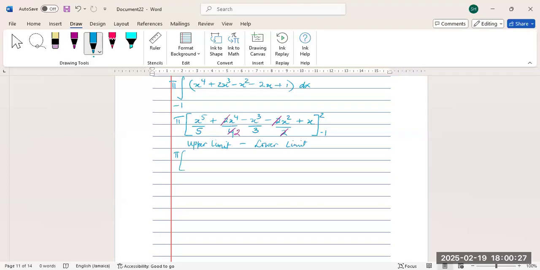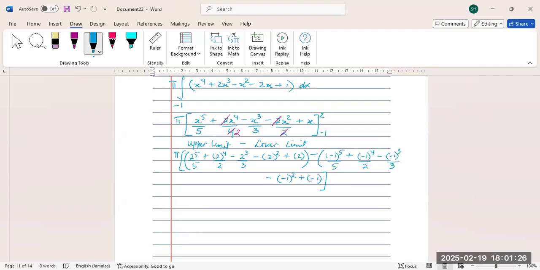This is pi into 2 to the fifth over 5 plus 2 to the fourth over 2 minus 2 to the third over 3 minus 2 squared plus 2, minus negative 1 to the fifth over 5 plus negative 1 to the fourth over 2 minus negative 1 cubed over 3 minus negative 1 squared plus negative 1.